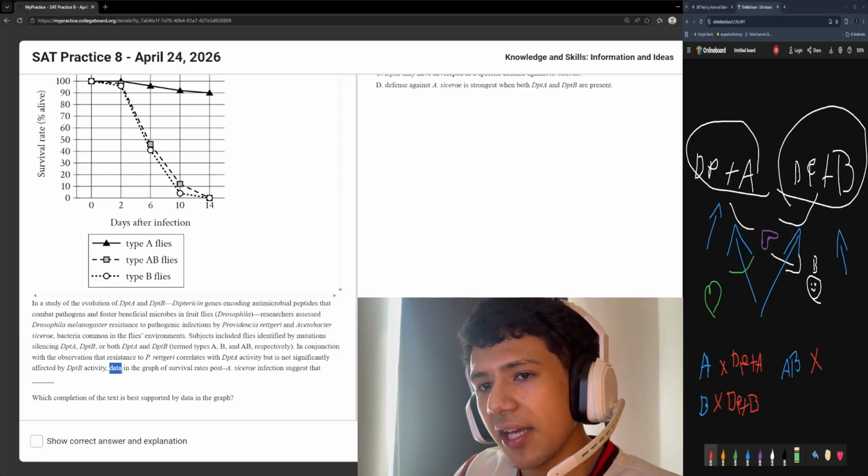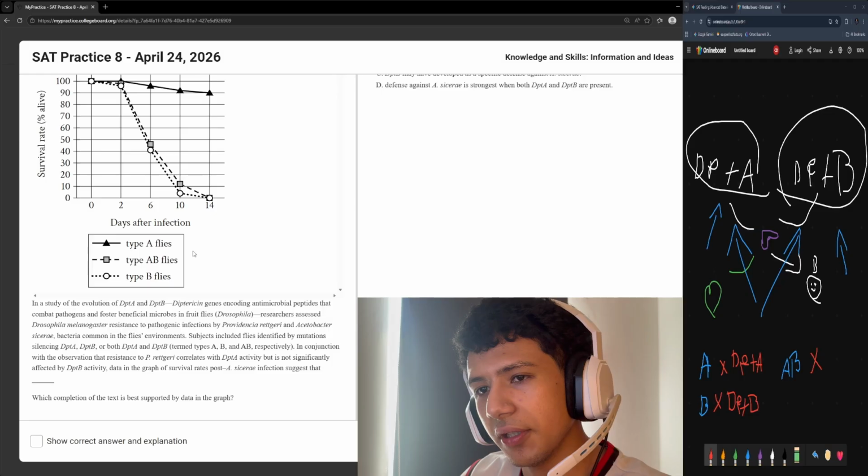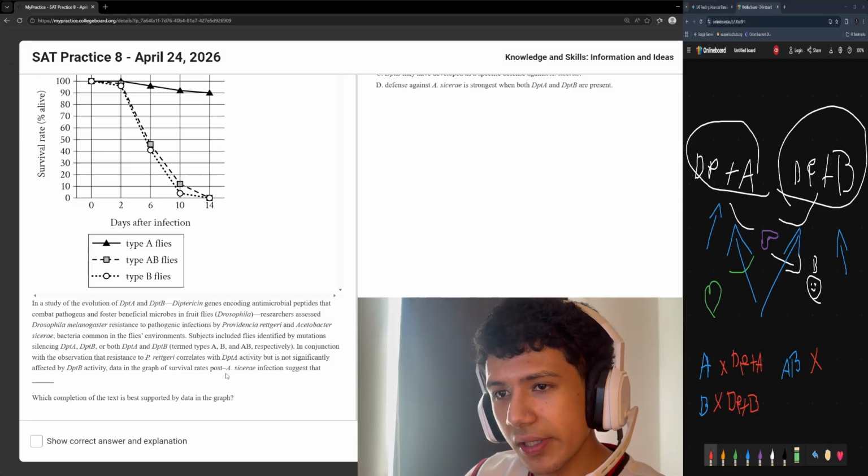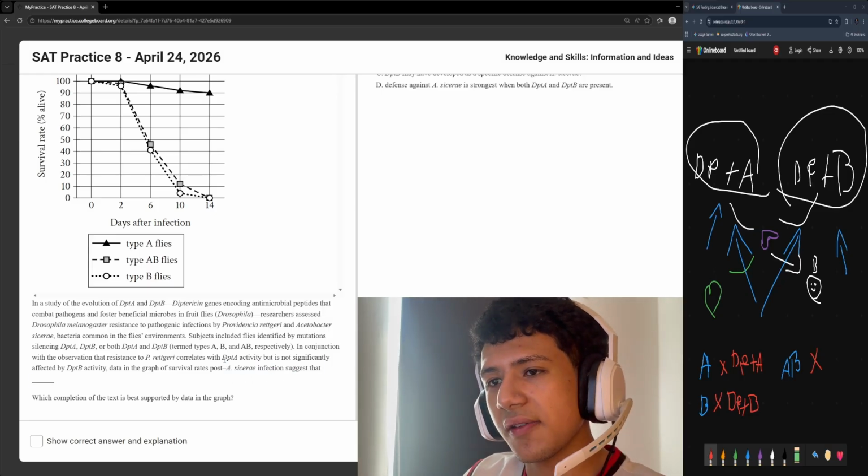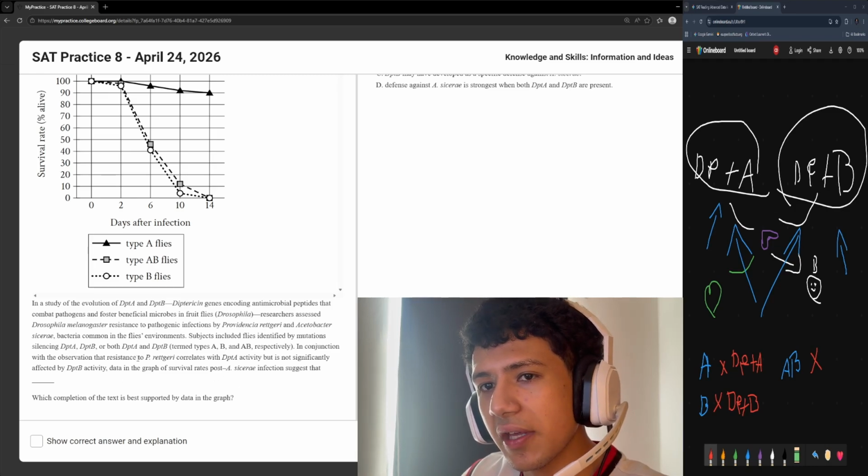So data in the graph of survival rates, this graph up here, post AS infection. Alright, so it's giving us the first fact that's saying, P. reitgeri needs DPTA, or fruit flies need DPTA to be resistant to PR.